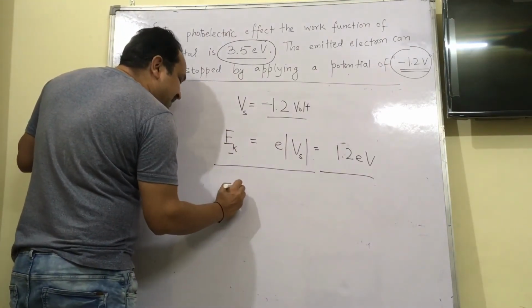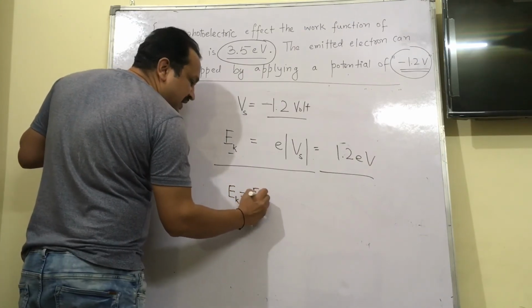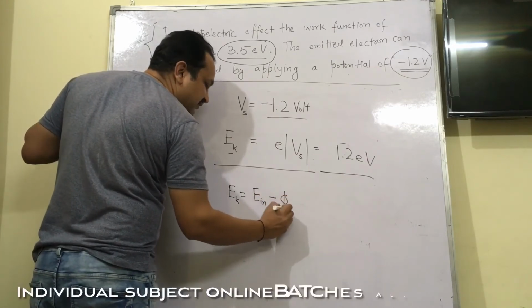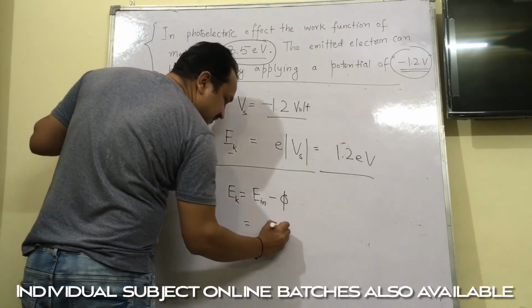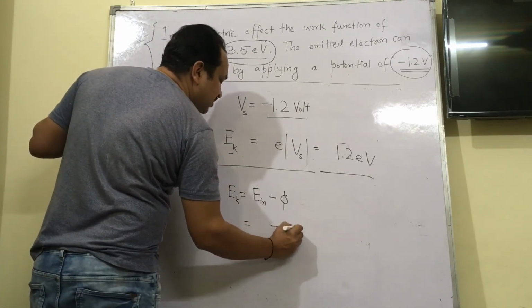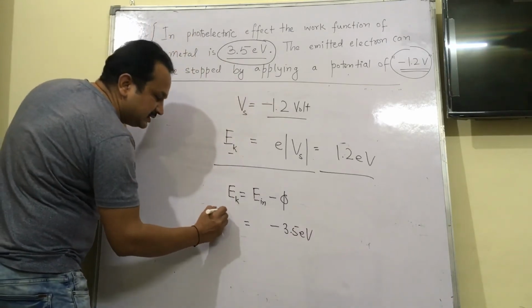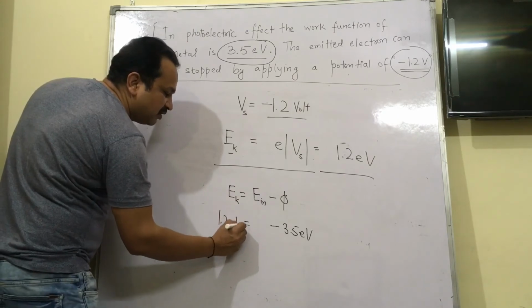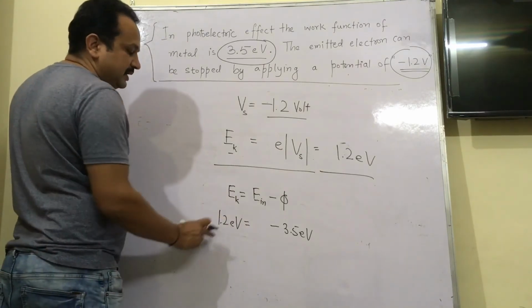So we know the maximum kinetic energy is equal to total incident energy minus work function. Work function is given, which is 3.5 electron volt, and maximum kinetic energy in the form of electron volt is 1.2 electron volt.